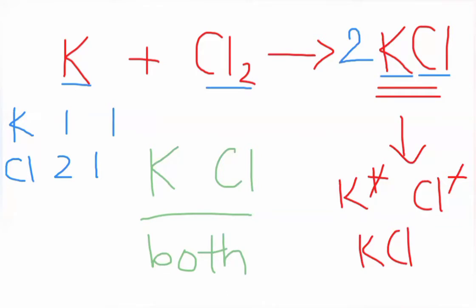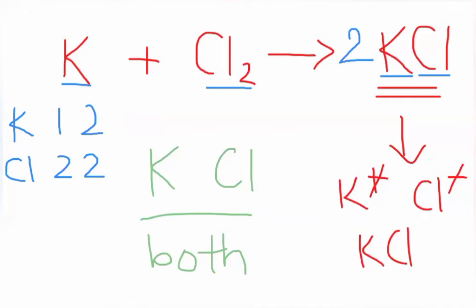This becomes 2 KCl. So now the potassium on the right hand side becomes 2 and the chlorine on the right hand side becomes 2. So the potassium on the left hand side becomes unbalanced.